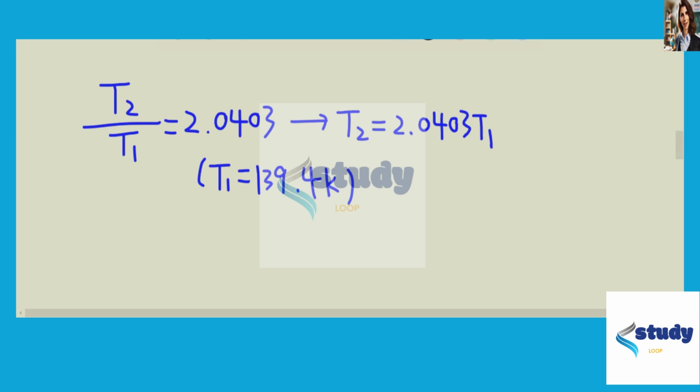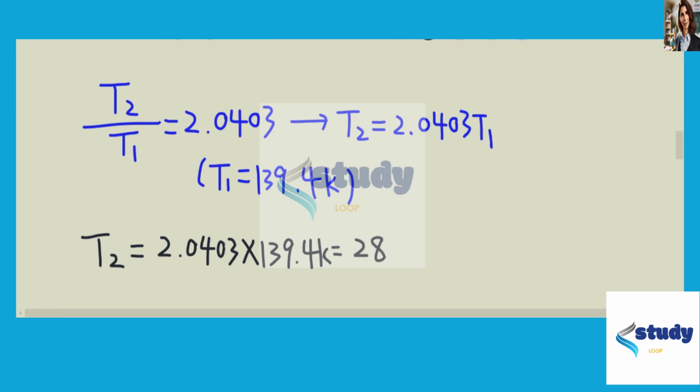We know T1 is 139.4 Kelvin. So now we can plug back into the equation to determine the temperature after the shock, which is equal to 2.0403 times 139.4 Kelvin. And this will give us the temperature after the shock is about 284 Kelvin.